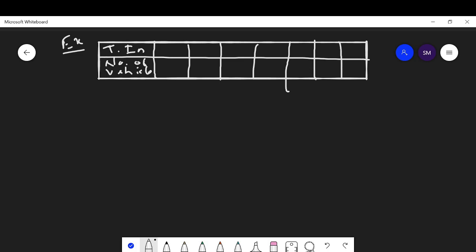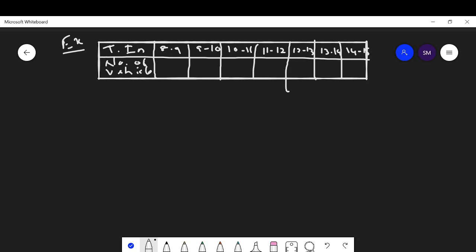This is from 8 to 9. This is 9 to 10. This is 10 to 11. This is 11 to 12. This is 12 to 13. This is 13 to 14. This is 14 to 15.